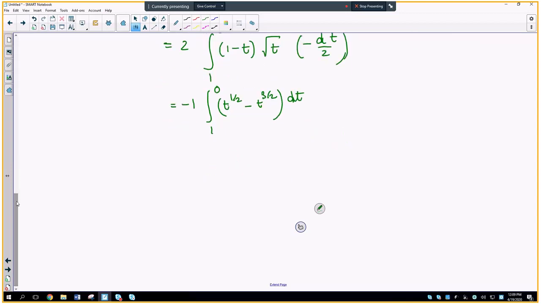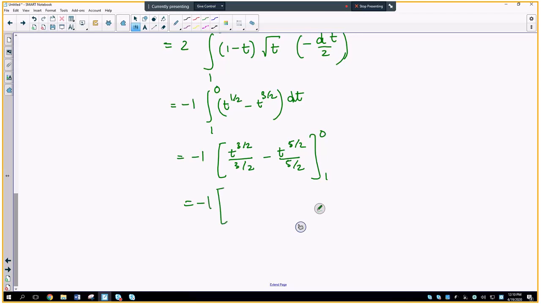So now we are going to take the antiderivatives. So negative 1, antiderivatives are going to be t to the power 3/2 over 3/2 minus t to the power 5/2 over 5/2. And we're going to use the limits of 1 to 0. So what I can do, I can write it as negative 1.